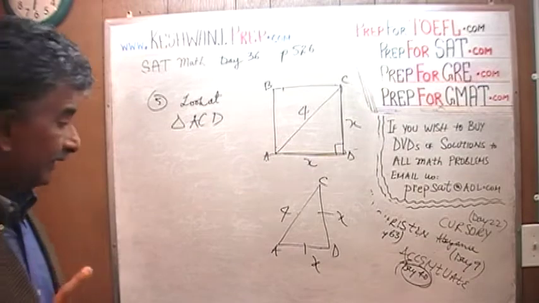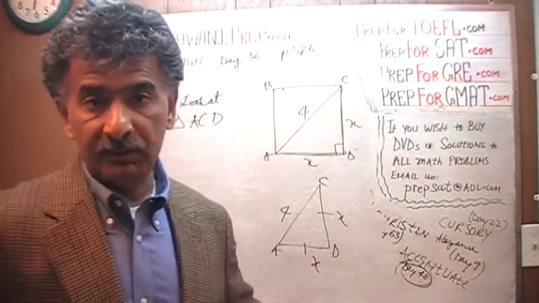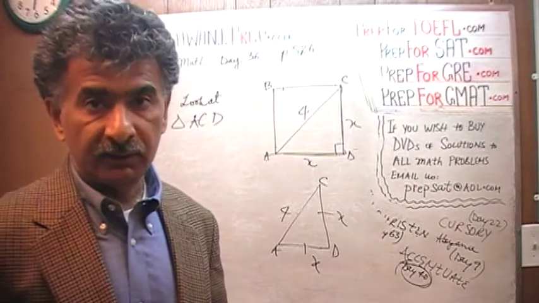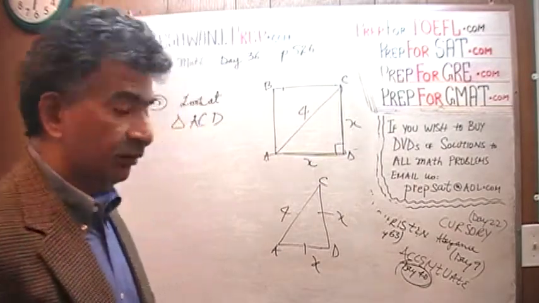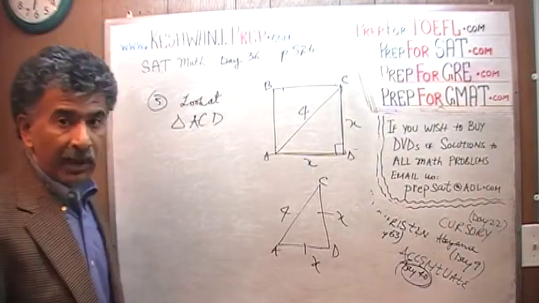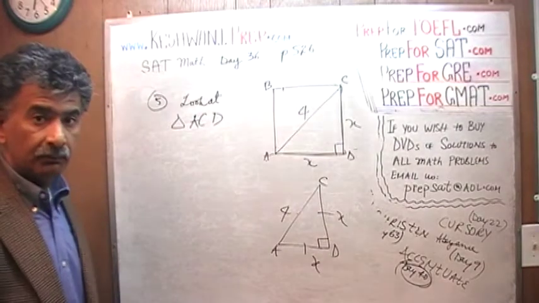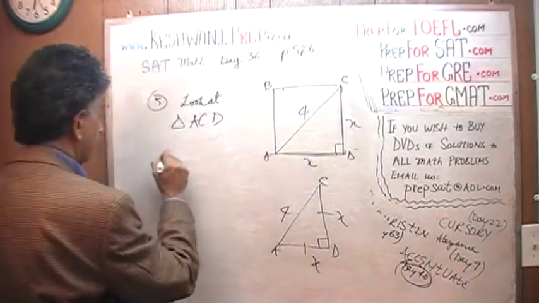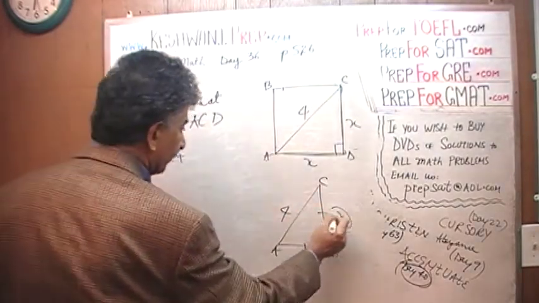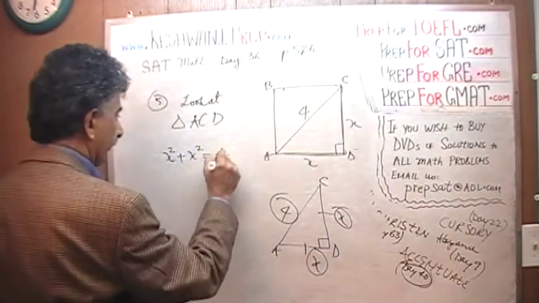Once we figure out one side, which we are representing with the letter X, the area is just side times side, or side squared, because it's a square and all sides are equal. A simple application of the Pythagorean theorem would do the job. So x squared plus x squared equals 4 squared.